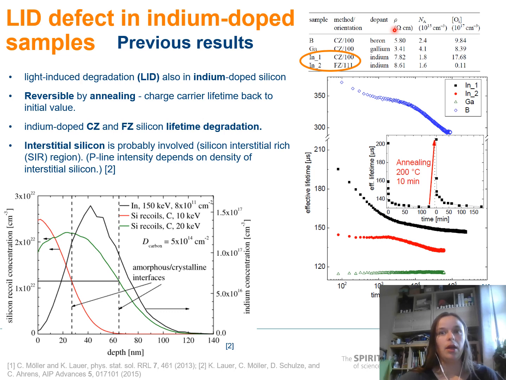Both indium-doped Czochralski and float-zone silicon show lifetime degradation, and another result is that interstitial silicon is probably part of the defect. That we see in simulated concentration profiles of indium and recoiled silicon atoms. This observation we later use for our defect model.